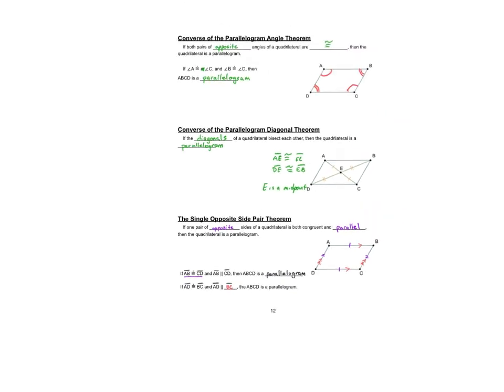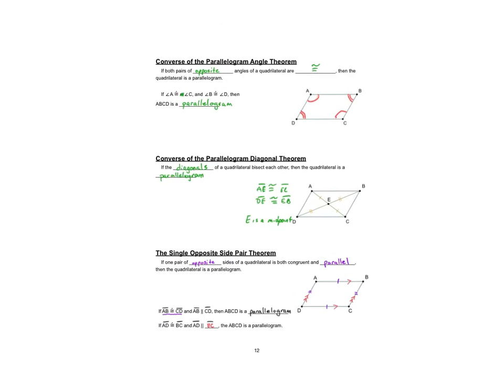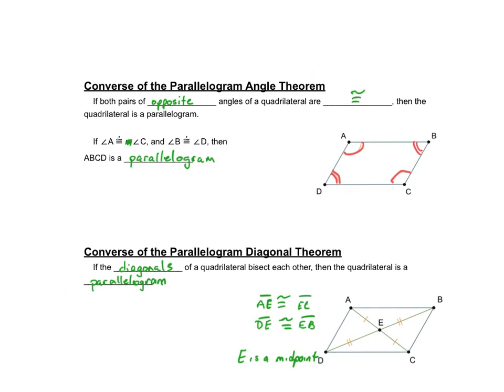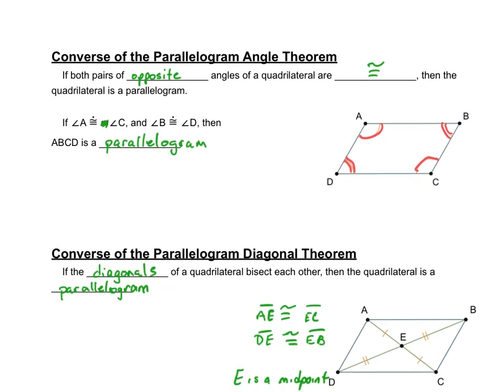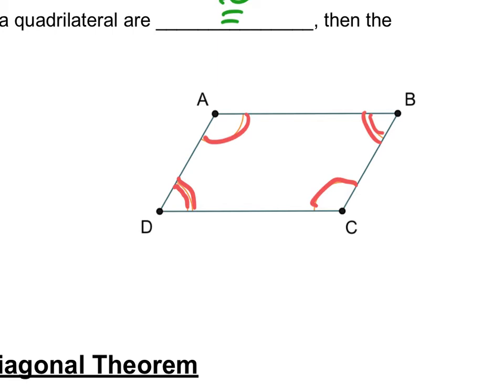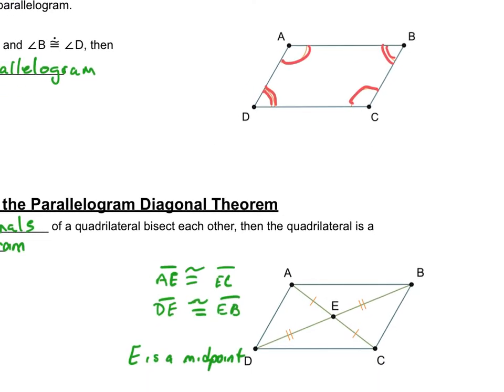So again, we are looking at some of the properties of a parallelogram and being able to identify those properties in a quadrilateral, therefore proving that we have a parallelogram. Here we had the opposite parallelogram angle theorem. Opposite angles of a parallelogram are congruent, so if we have a quadrilateral with opposite angles that are congruent, then it becomes a parallelogram.